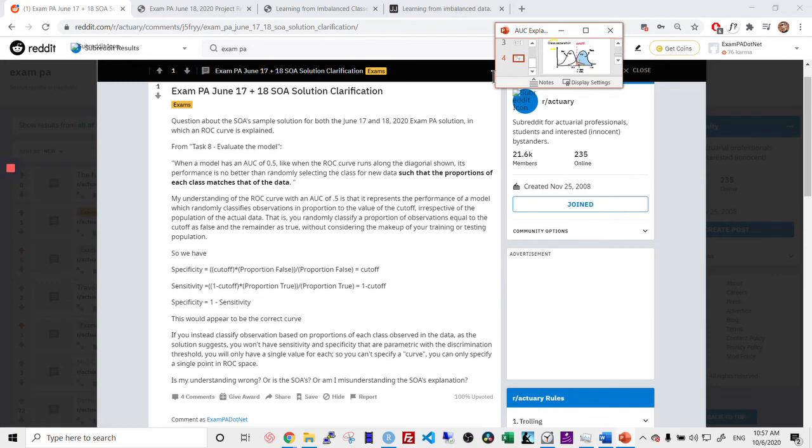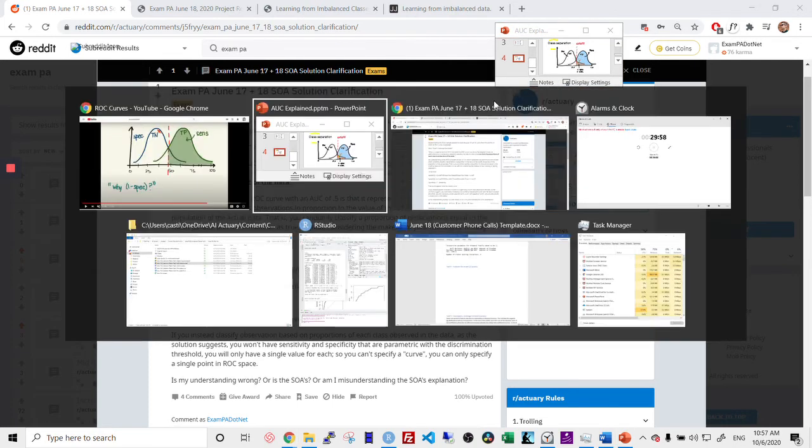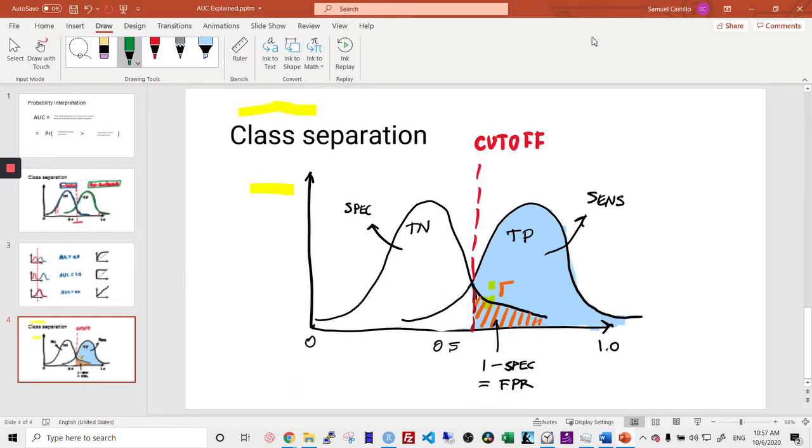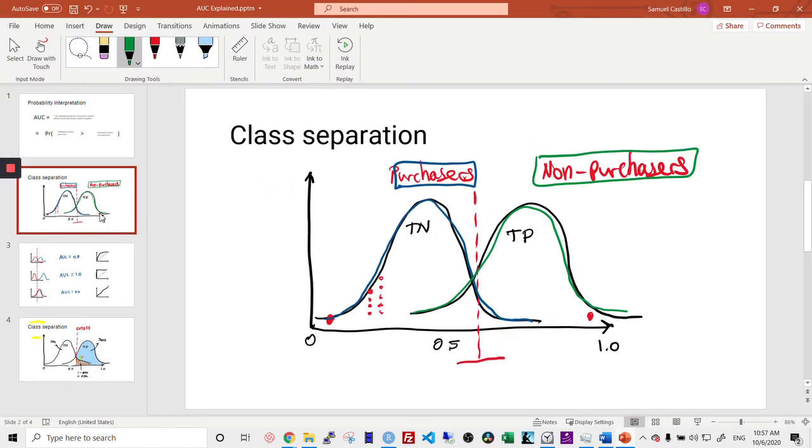See, irrespective of the population of the actual data, that doesn't make sense, because in order to create this type of graph that I just showed, you need to have the correct labels, right? Purchasers and non-purchasers.